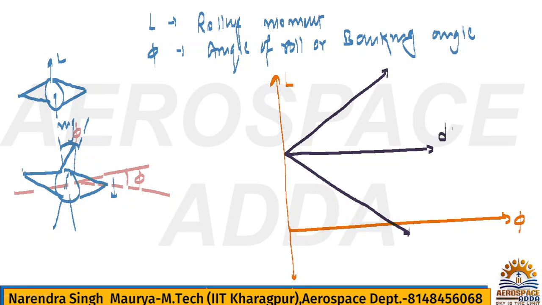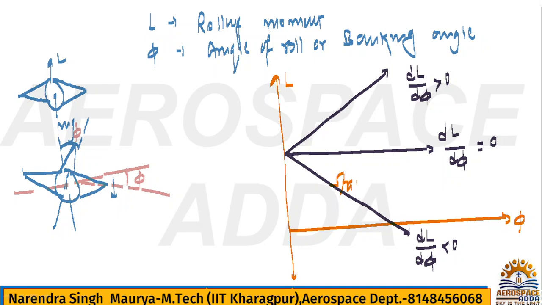Here there is no slope, so dl by d phi is 0. Here dl by d phi is greater than 0, and here dl by d phi is less than 0. Always remember this, okay? This is very important.